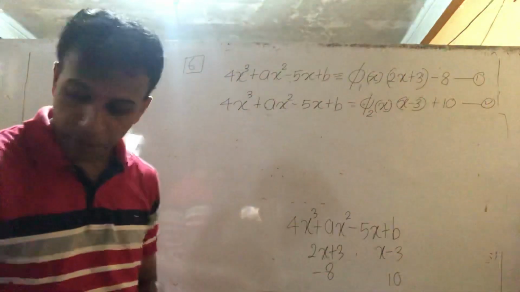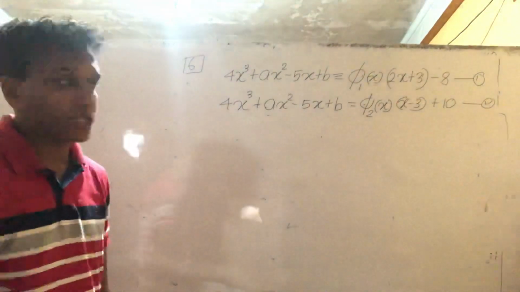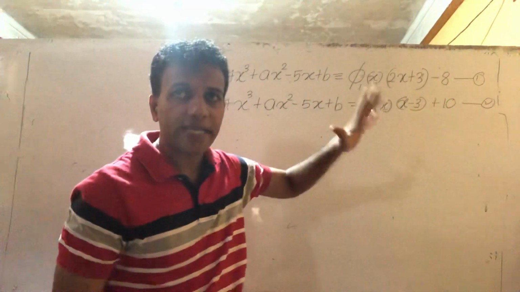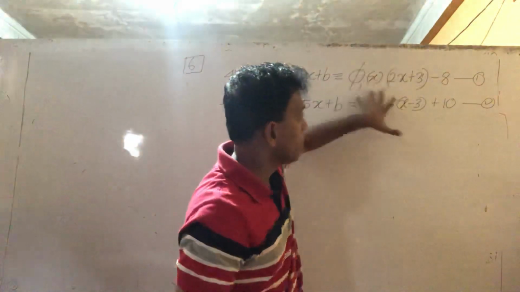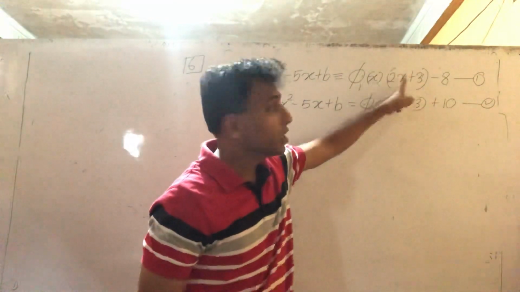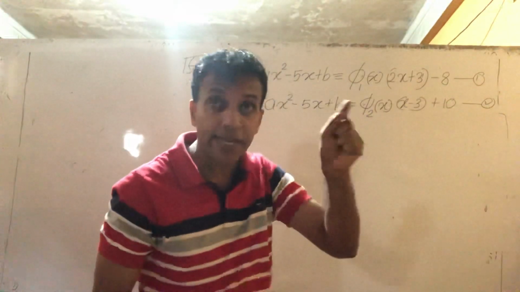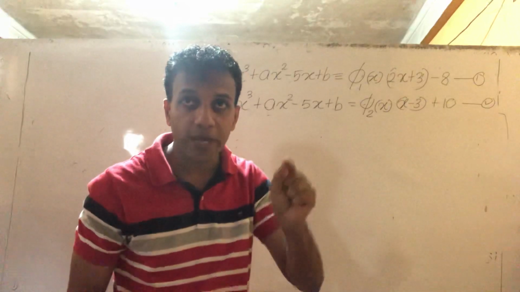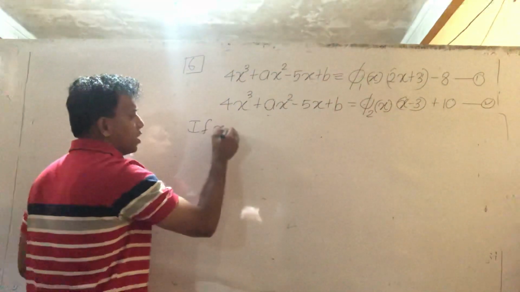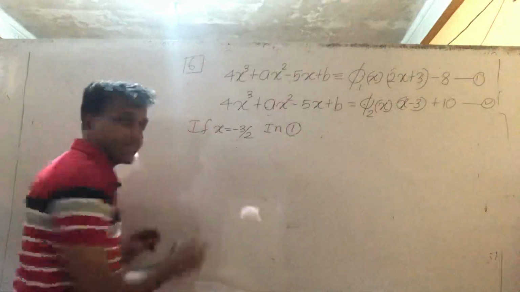Now try to find the a, b values. Build up two simultaneous equations. For the first one, we don't need the quotient part, so make it 0. How does it become 0? If you put 2x plus 3 equal to 0, x is minus 3 over 2. Put x equal to minus 3 over 2 in the first equation.